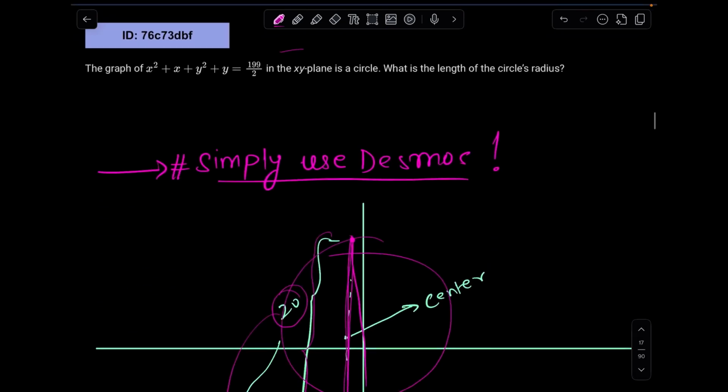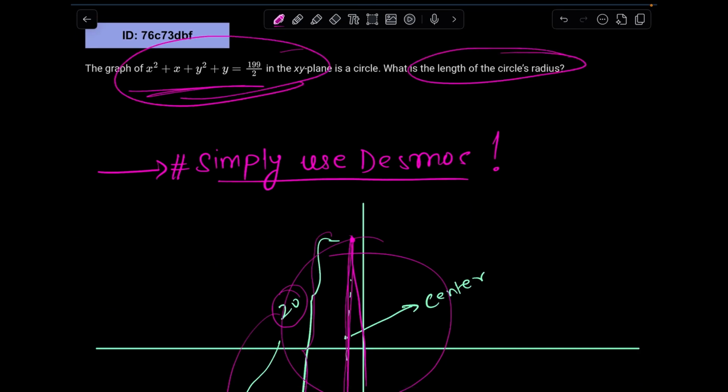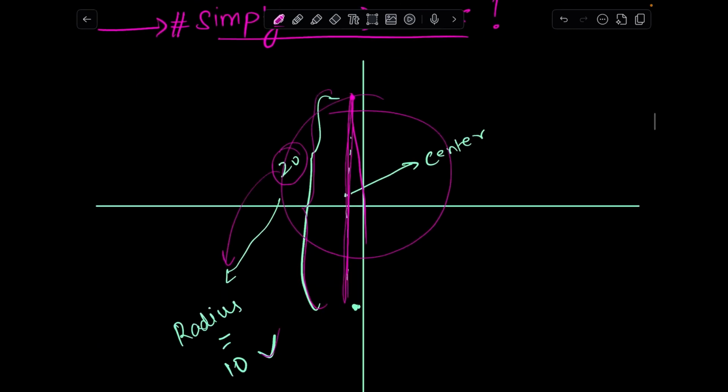Option D is correct. Okay, so we are given an equation of a circle and we need to find the length of the radius. Since we are given an equation straight away, you can simply plot it into Desmos. You will find a figure like this, and these two points right here on the y-axis are not going to be the diameter.